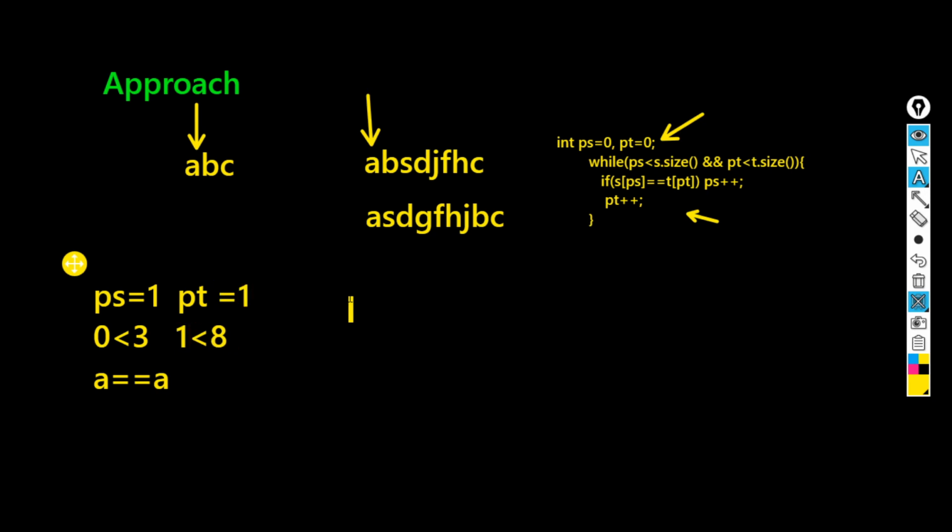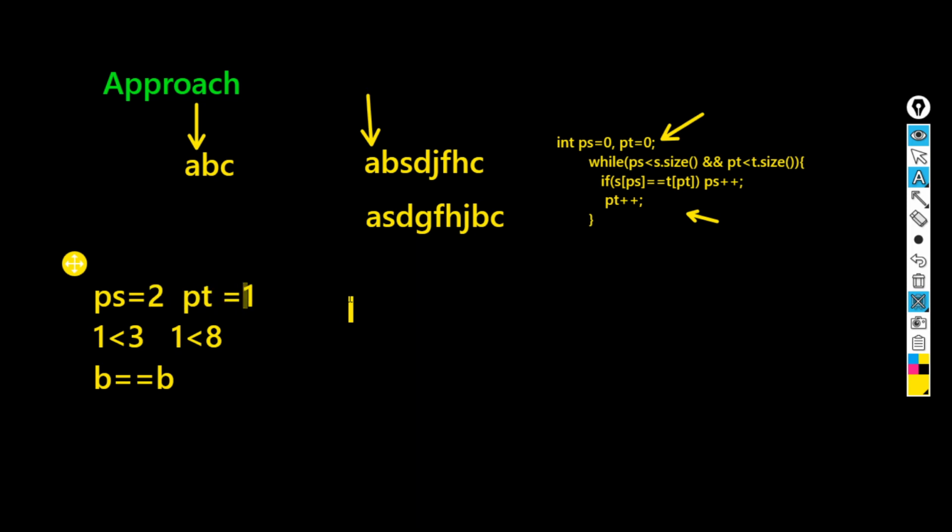Now we will check the condition again. It is true, so it will go into the loop. The S character at index 1 is B, and the T character at index 1 is also B. So both are again equal, and we increment both again.